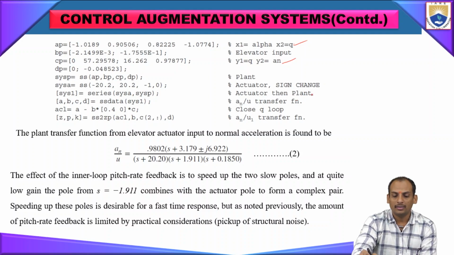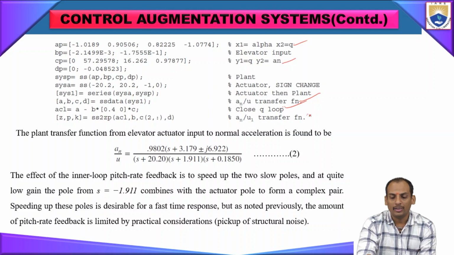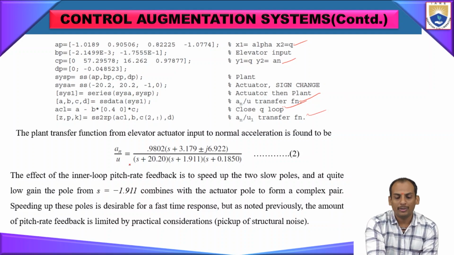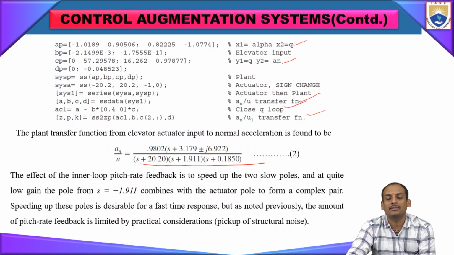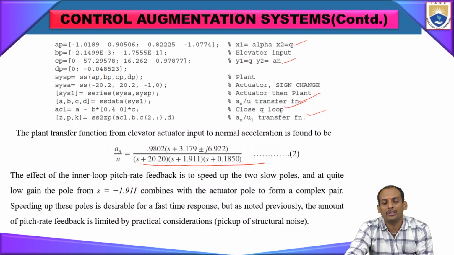Again here the output, the transfer function, has been given here and the loop has been closed here. Then the AN by U1 transfer function also we have given here, which is the acceleration with velocity transfer function.